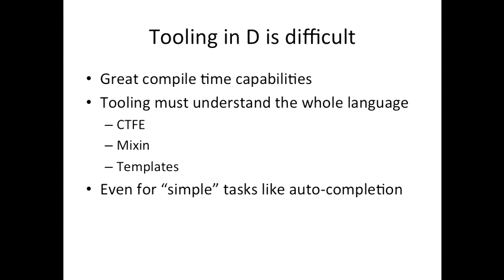And you have to understand the whole code that you are going to CTFE before mixing it in. And if you want to do even something simple, well, simple like auto-completion, you have to be able to do CTFE to know all the symbols that there are and do the auto-completion completely. So those are great features, but those are also making the tooling fairly difficult to build.